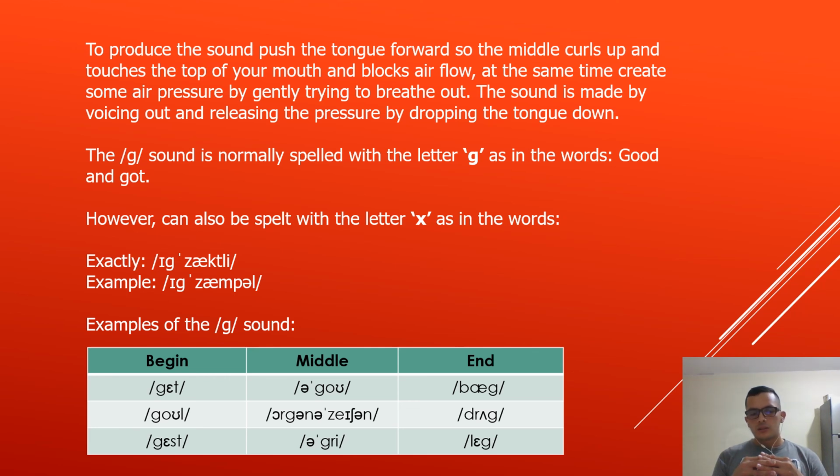Here are some words with the g sound in the middle: ago, organization, agree. And here are some words with the g sound at the end: back, track, and leg. So that's it for the g sound.